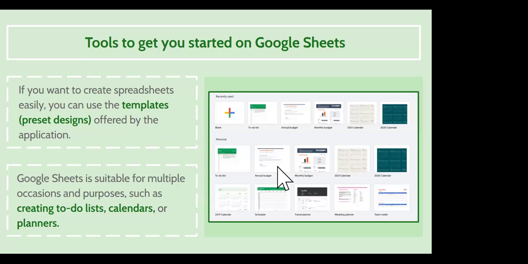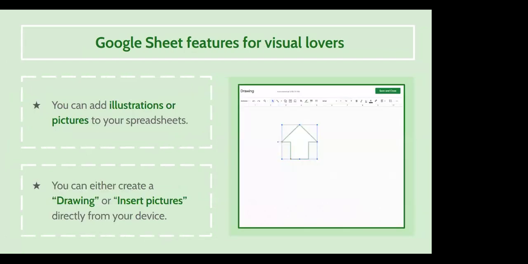Some of the options you have here are to-do lists, calendar, planners, monthly budget, right? Wedding planner, team roster, travel planner, a schedule. You have quite a few here. So these are things that are already made in the application. You can just select them and you can modify accordingly to your needs.